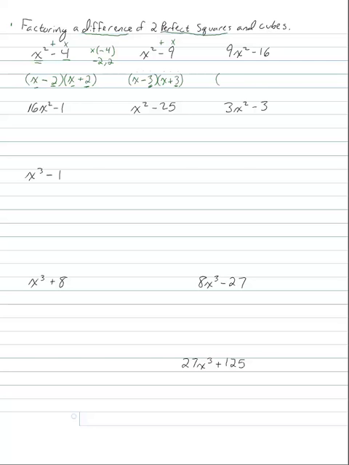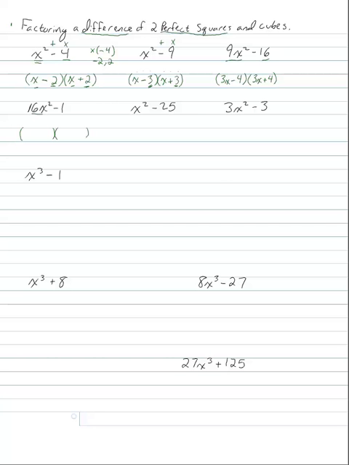It is always going to factor into the square roots. So if I look at the next one, 9x squared minus 16, square root of 9 would be 3, square root of x squared would still be x, minus the square root of 16, which is 4, and 3x plus 4. To check it, just FOIL it out. Let's try the next one. 16x squared minus 1.